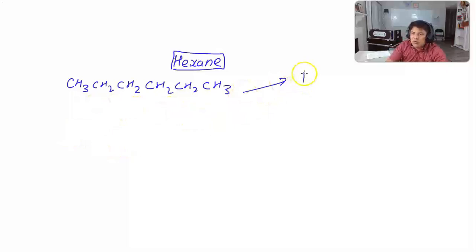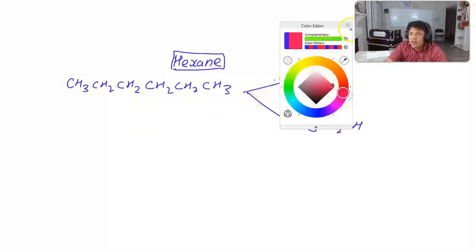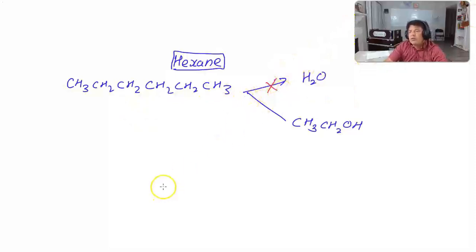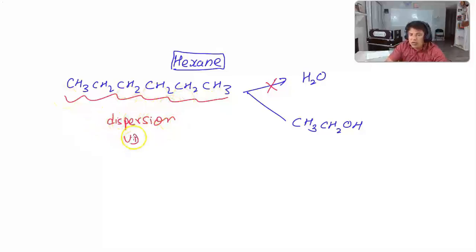Does this dissolve more in water, or does that dissolve more in alcohols? Alcohol is, for example, ethanol, CH3CH2OH. Where does this dissolve more? Of course, it doesn't dissolve in water, because this whole portion has no hydrogen bond, meaning dispersion force, or van der Waals force, or hydrophobic.